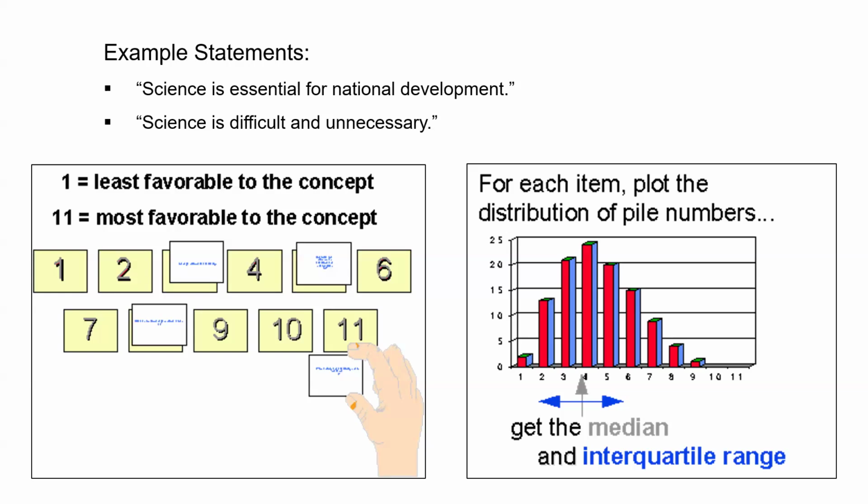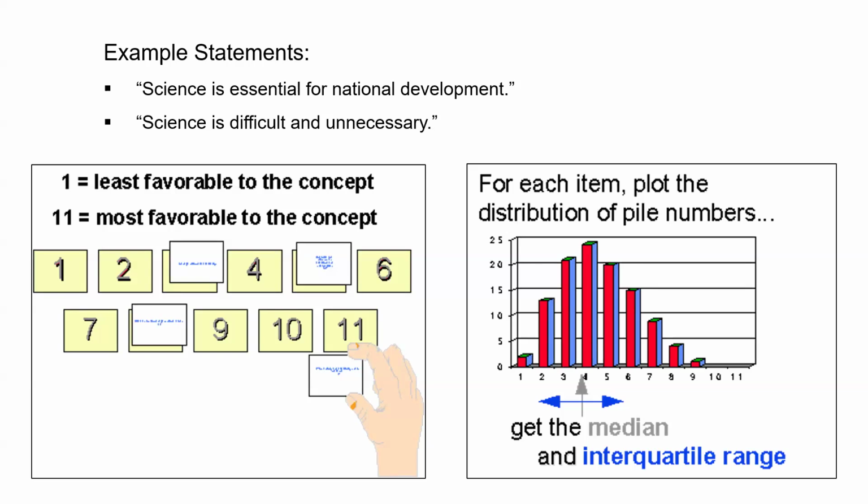See, 1 is the least favorable to the concept and 11 is most favorable to the concept. That means science is essential for national development. You mark your agreement and check.